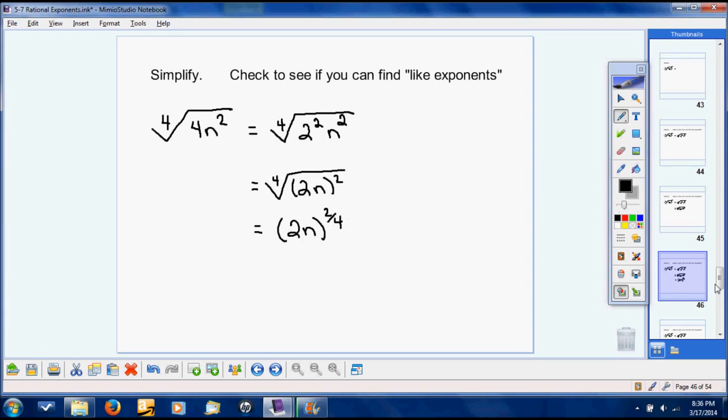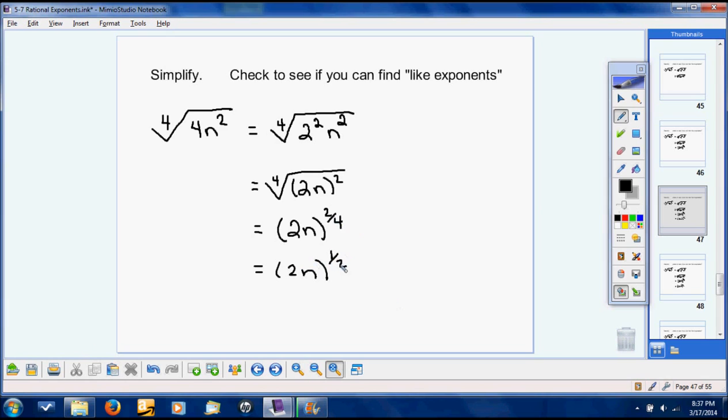Now, hopefully it has been ingrained in you that you would never leave a 2/4. 2/4 would always be reduced. So the 2/4 would turn into a... Okay, you better all have said or thought 1/2.